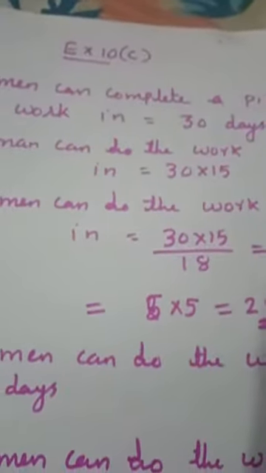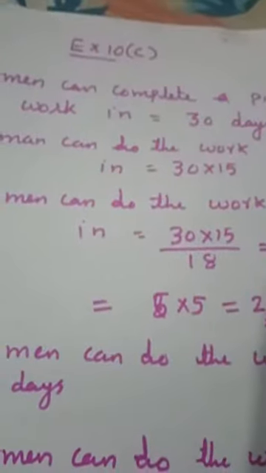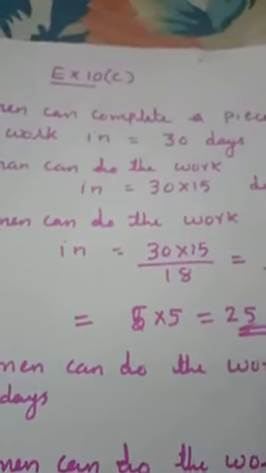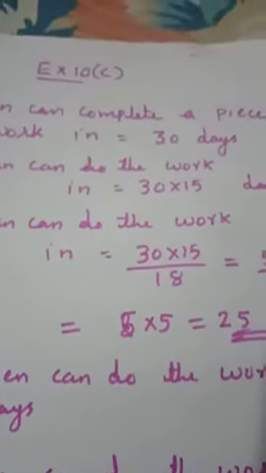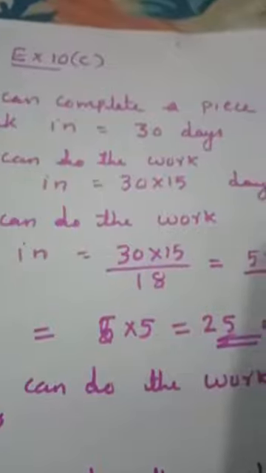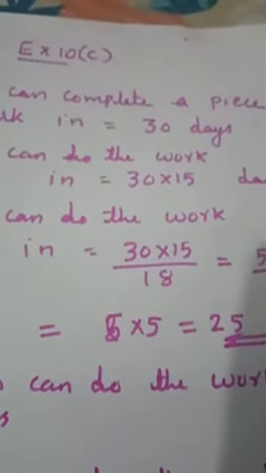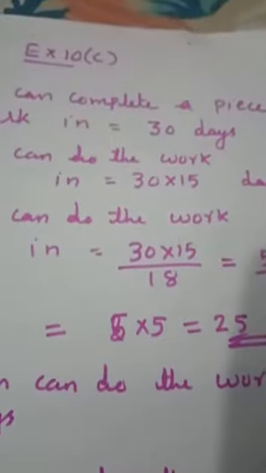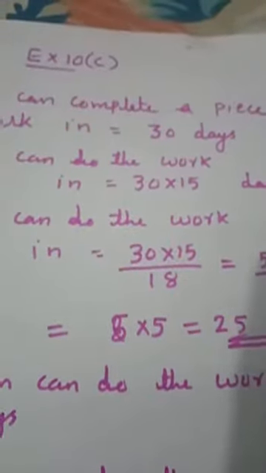In usual unitary method, to find one quantity we are dividing, and to find more quantity we are multiplying. But in inverse variation, to find one quantity we are multiplying, and to find more quantity we are dividing, just opposite of usual unitary method.